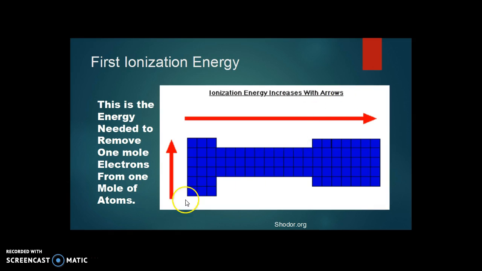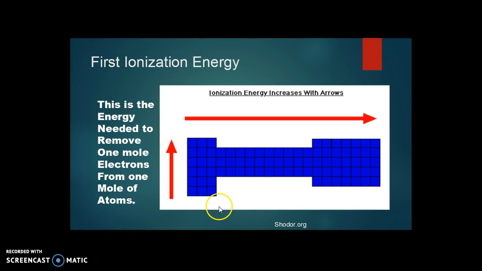Moreover, as the distance between the outer shell electrons and the nucleus gets smaller, the ionization energy goes up, because again, the tug depends on distance. So ionization energy increases as you go up and as you go to the right. Ionization energy decreases as you go left and down.